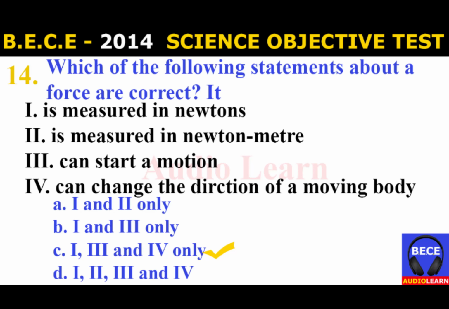Number 14. Which of the following statements about a force are correct? I. It is measured in newtons. II. It is measured in Newton meter. III. It can start a motion. IV. It can change the direction of a moving body.